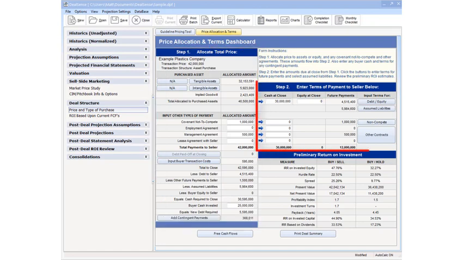In Part 2, you set up how payments will be made to the seller. You can include cash at closing, buyer equity, seller financing, assumed liabilities, non-compete agreements, and other items. Finally, the scorecard in Part 3 gives you the ROIs based on the complete price package, allocation, and terms.